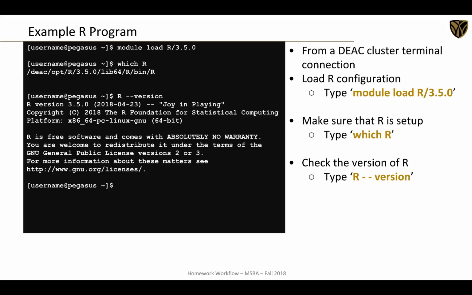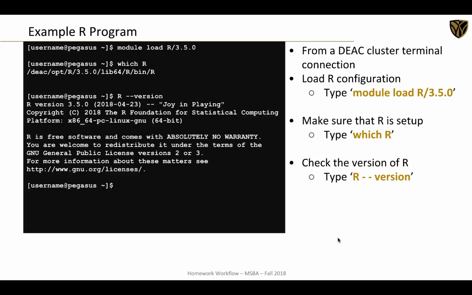To confirm that R is now a valid command, type which capital R. You should see a path returned to the R installation somewhere in /deac/opt/R. There may be multiple versions of this software installed. To start it is a good idea to check the loaded version of the software, which should match what you typed with the environment module.